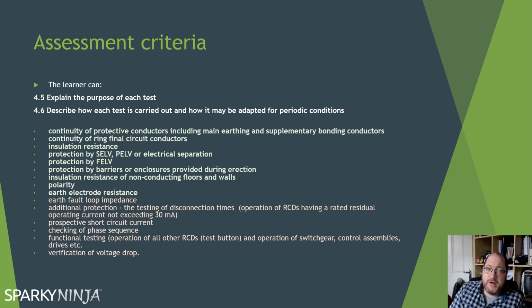Now, from a periodic perspective, it may be that you choose to go with method 2 because you don't want to dismantle too much, or you may have a limitation. I see some electricians that will say, oh, there's a limitation, we can't turn off the lights, so they'll put a limitation, and then that circuit's not been tested, but they'll still charge for it.